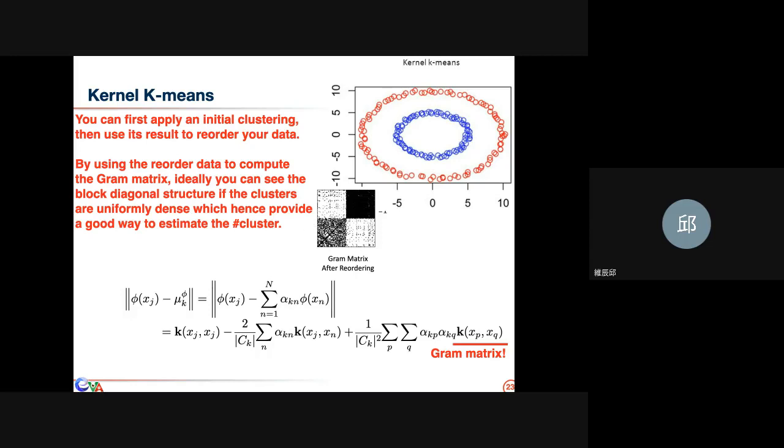The basic idea is that I can use some clustering algorithm to perform an initial clustering. For example, I know X2, X7, X9 belong to the same cluster, so I put X2 here, X7 here, X9 here, and for example X1, X3, X4, X5, X6, X8 here.